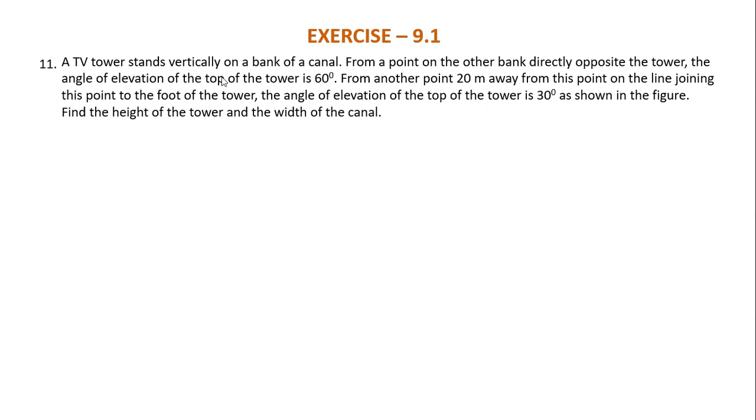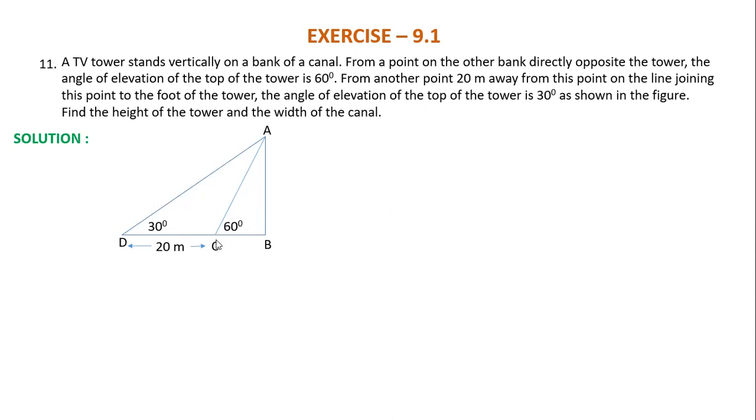The TV tower stands vertically on the bank of a canal. This is a canal, DB is the canal, and the TV tower stands vertically on the bank of the canal. From a point on the other bank directly opposite the tower, the angle of elevation of the top of the tower is 60 degrees from here.